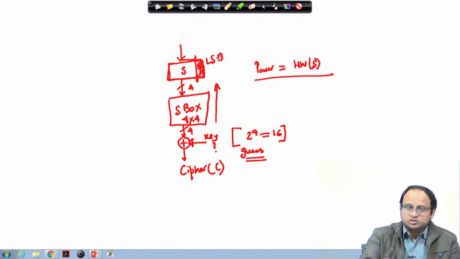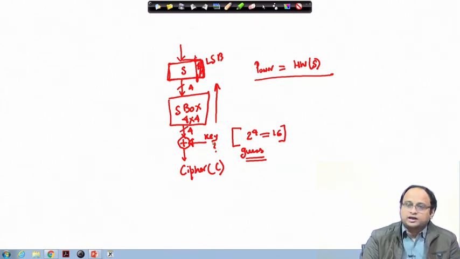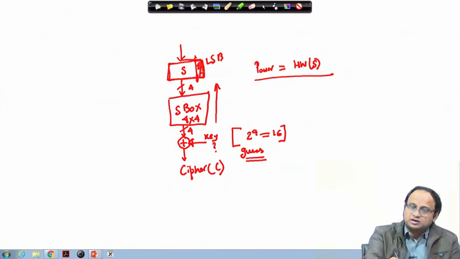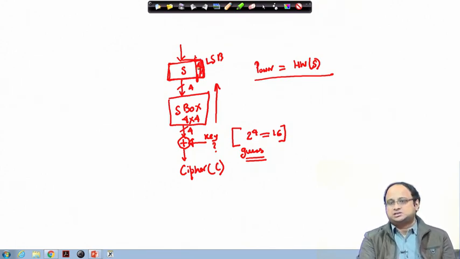So I will do the exercise for all the HW values and I will split them. Okay. If my guess was correct, then that means I have correctly predicted the LSB of the state S, and therefore my partitioning will essentially take place just as we have seen.